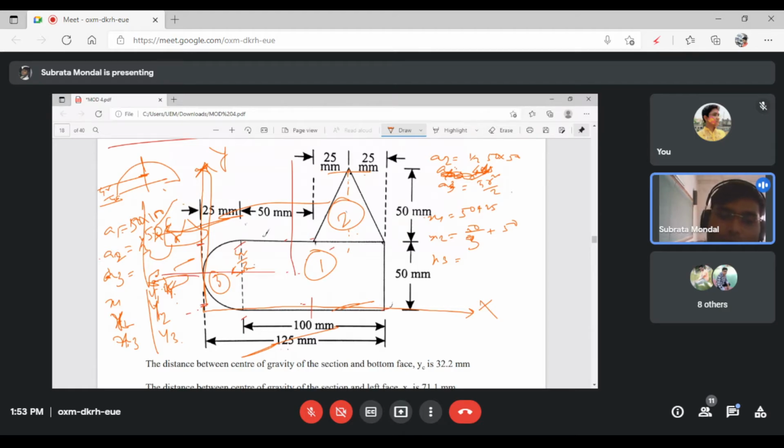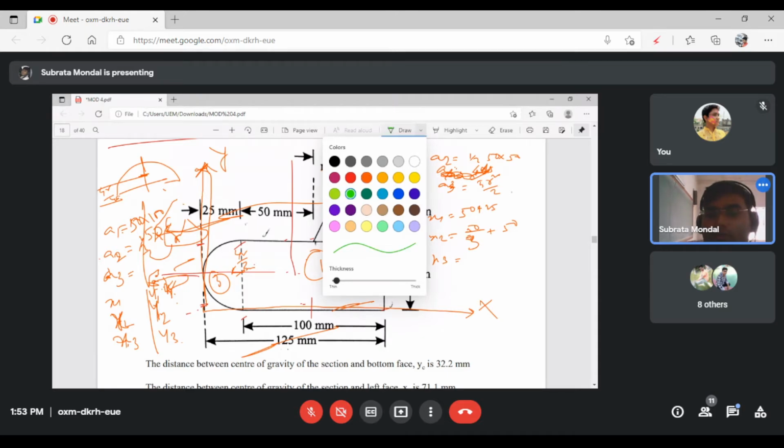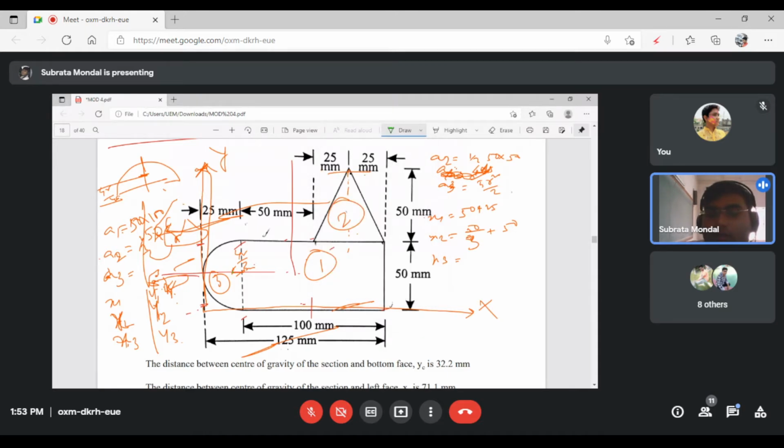So you have to subtract from the 25. We have to consider from here to here, so the x3 will be 25 minus 4r by 3 pi.